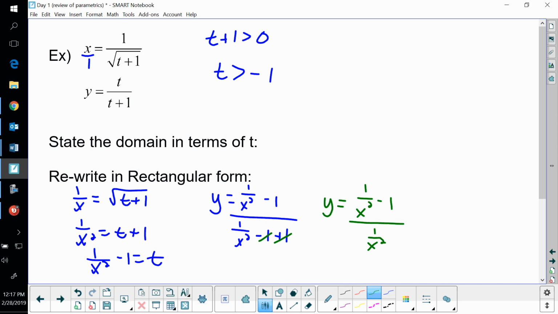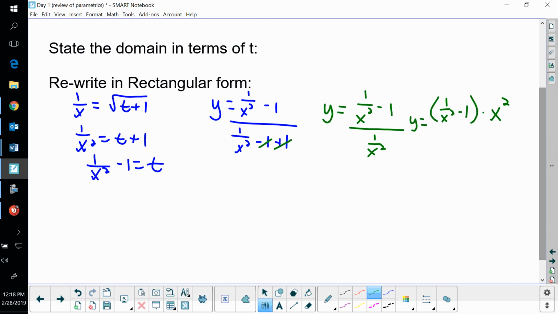Well, we can neaten this up a bit. Dividing by 1 over x squared is the same as multiplying by x squared. And if you distribute that x squared through, we'll just get that y is equal to 1 minus x squared. So that would be the rectangular form.